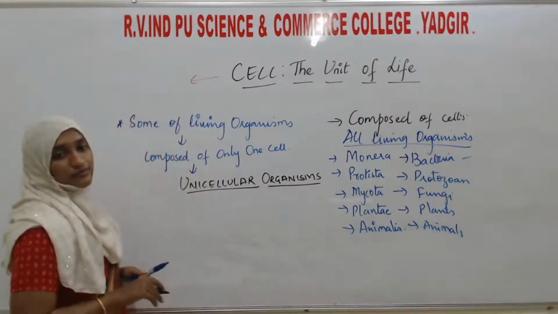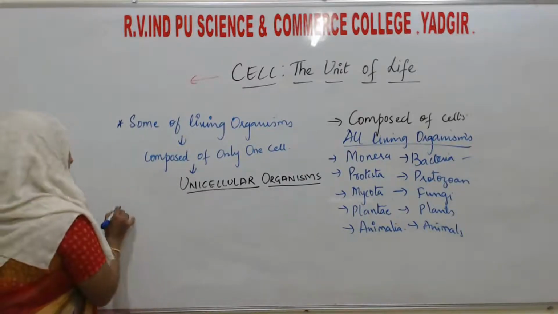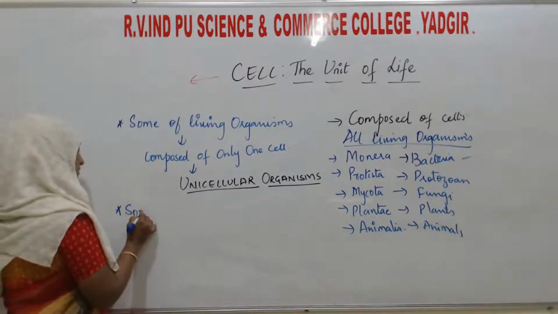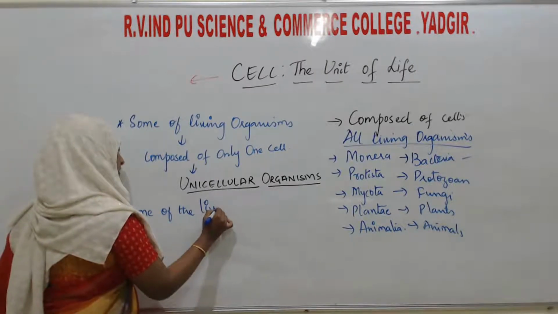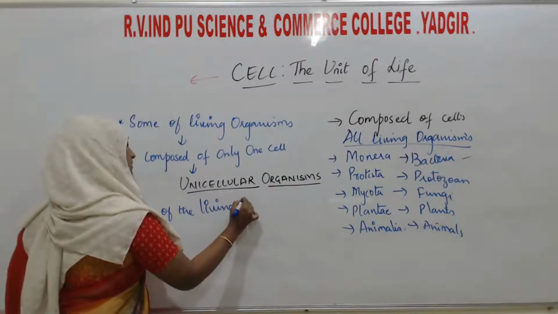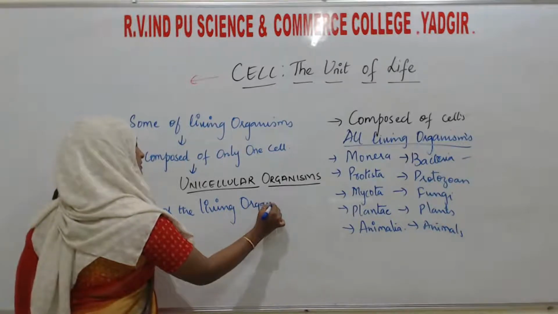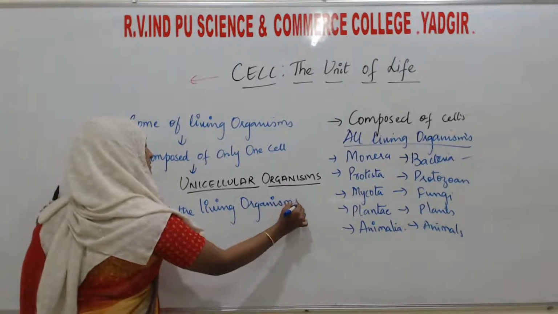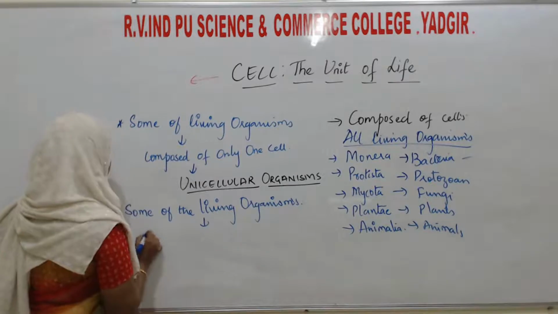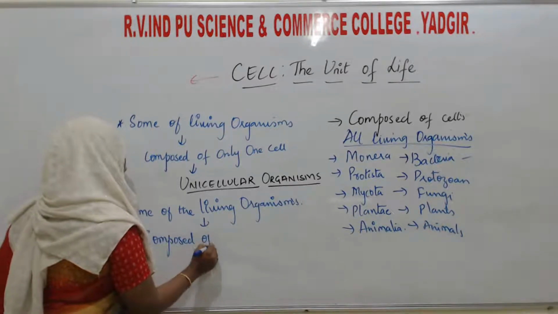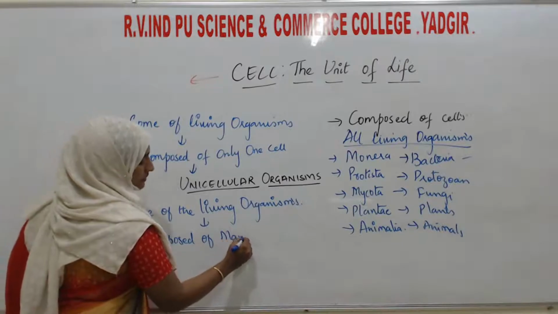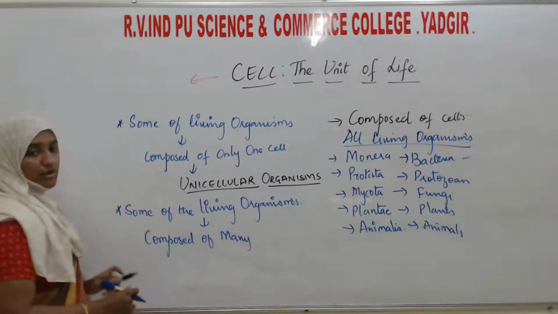And the second classification is that some living organisms are composed of many cells, more than one.